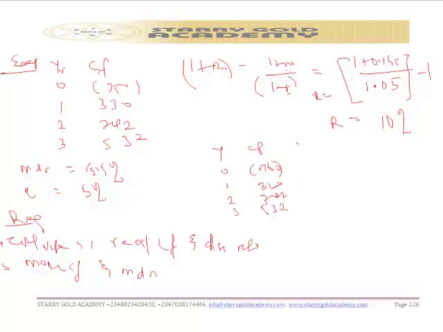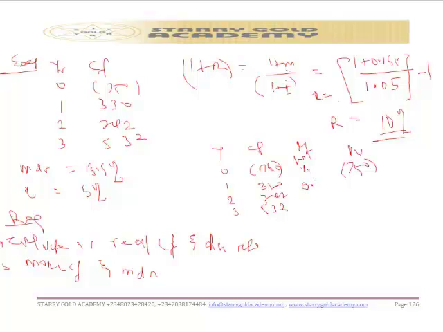So the discount rate now is 10%. If that is the discount factor, we now get our present value for discount factor of 10%. For year 0 it is 1, we have 750. That is outflow.